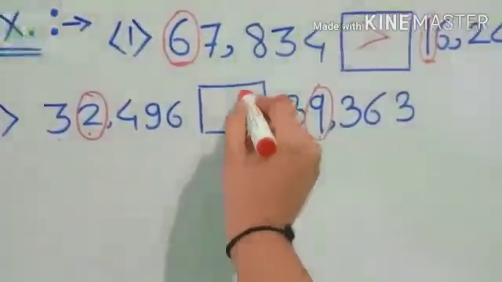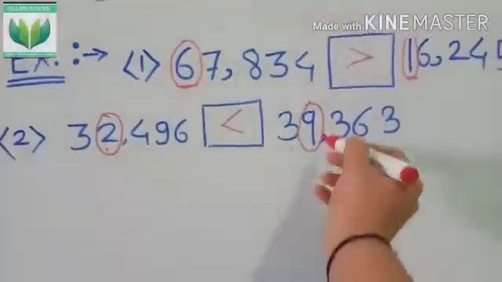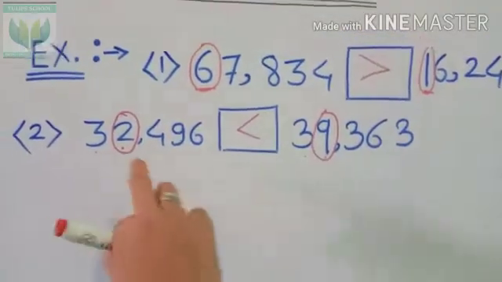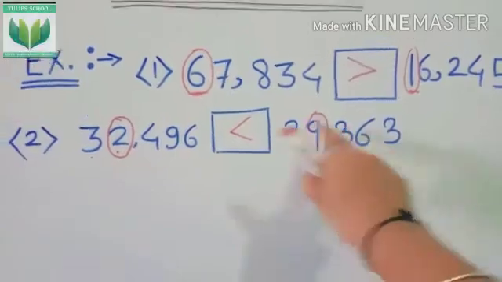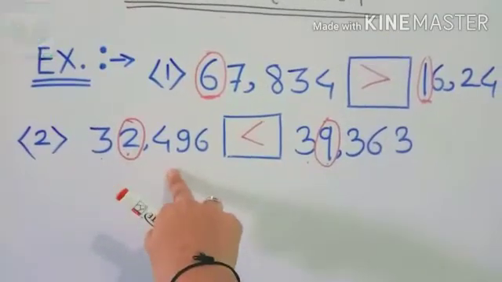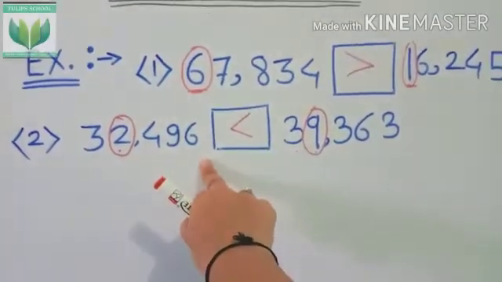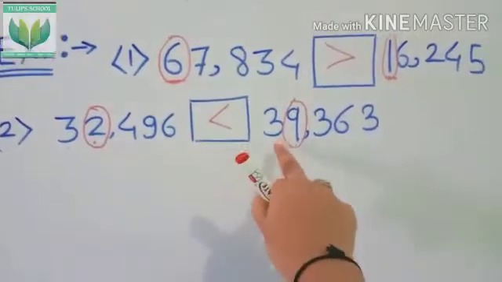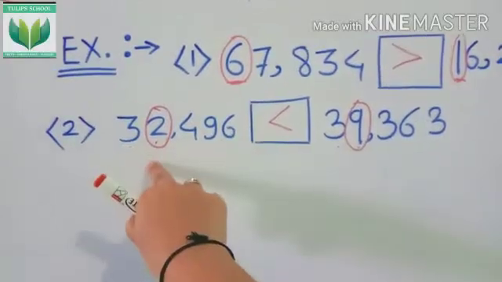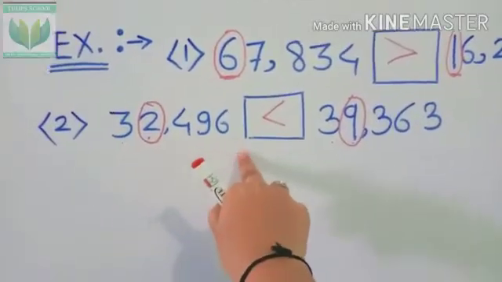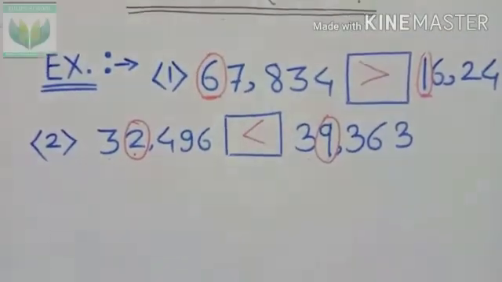Obviously 9, so the sign opens towards the 9. So 39,306 is greater than 32,496. Let's see another example.